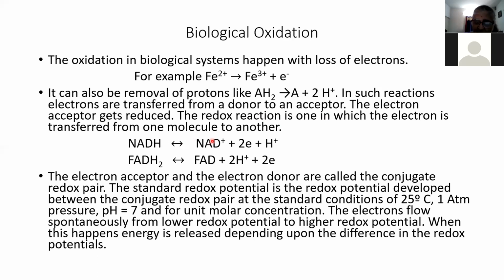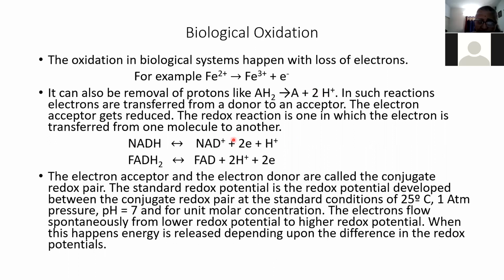FADH2 becomes FAD, 2 protons and 2 electrons are released. So there is one which can donate electrons and one which can accept electrons. This is actually a reversible reaction. We saw that NAD+ will become NADH in the metabolic processes. This NADH will now become NAD+, which can be utilized later on.